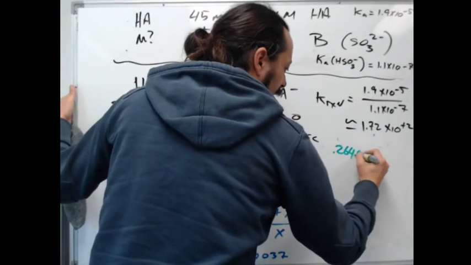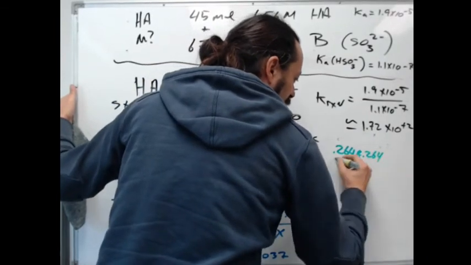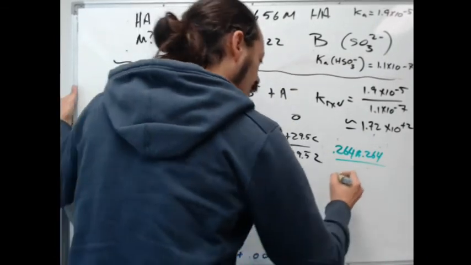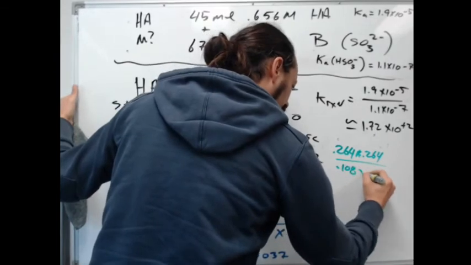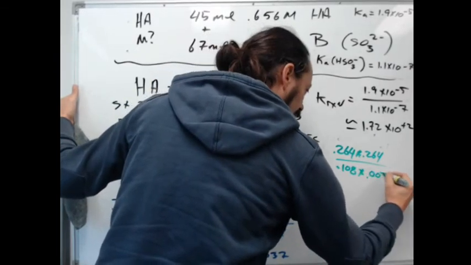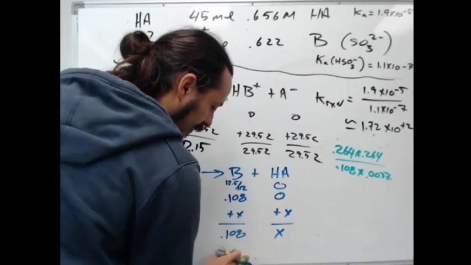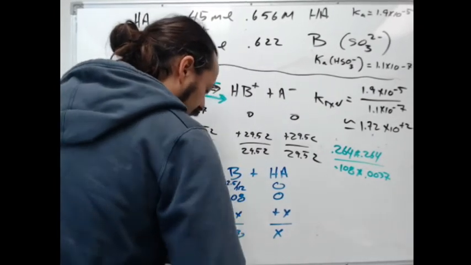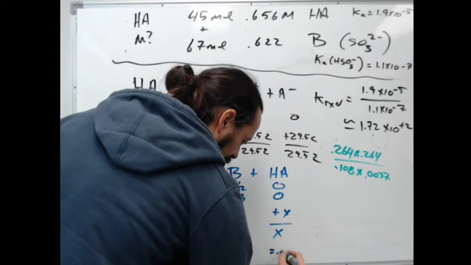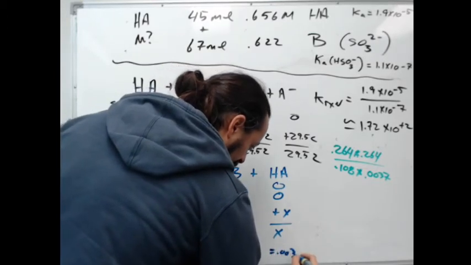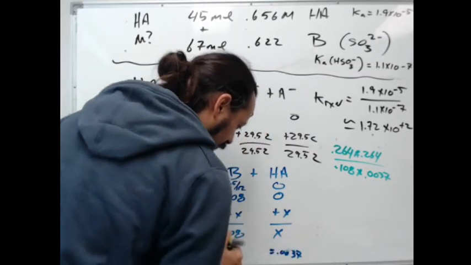0.264 times 0.264 divided by 0.108 times 0.0037. Not add, that was just checking if X is small. That is a weird looking 3.